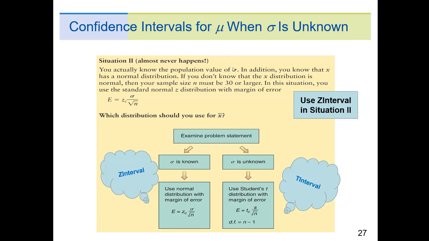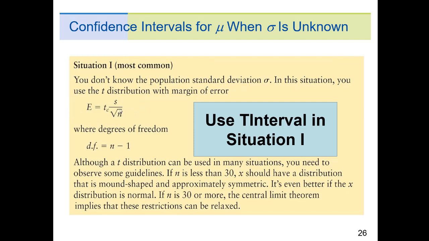If the problem tells you what sigma is, you are probably going to use z-interval. If the problem doesn't tell you what sigma is, you are probably going to use t-interval in the calculator. If you need to find the margin of error, this is the formula you use. T sub c times s over the square root of n.